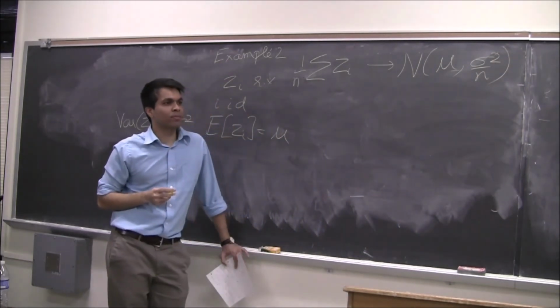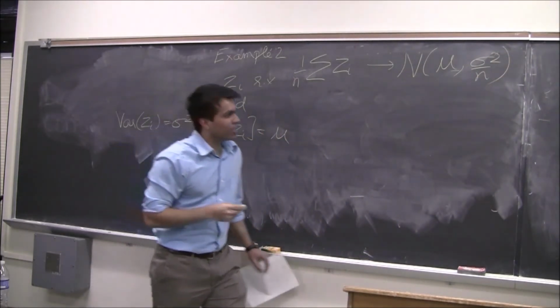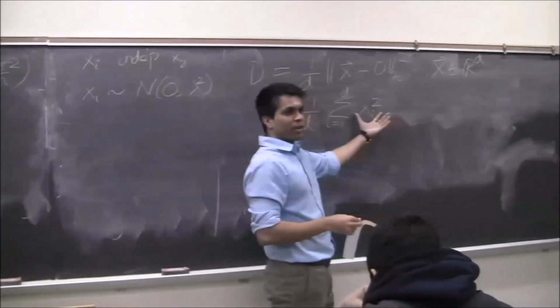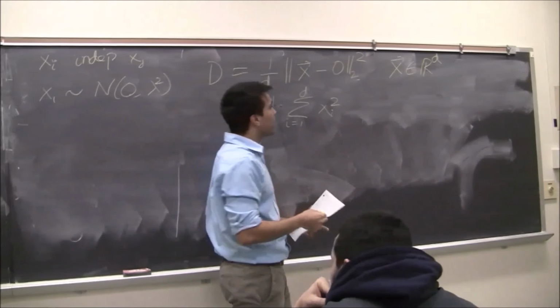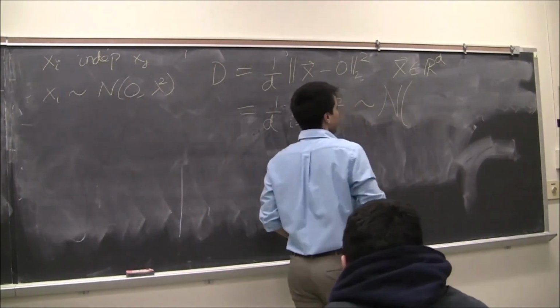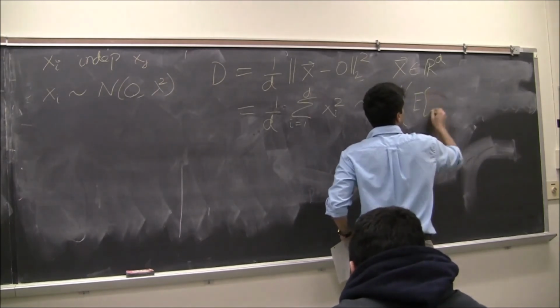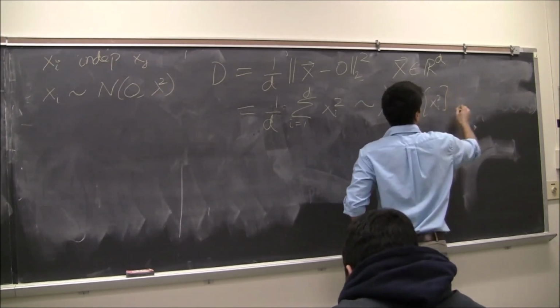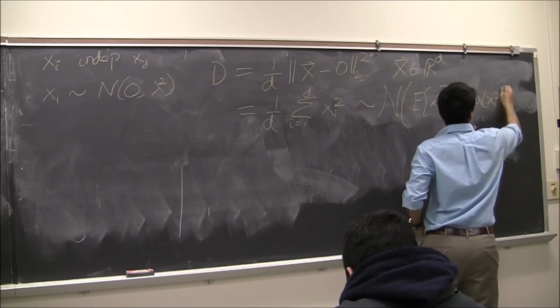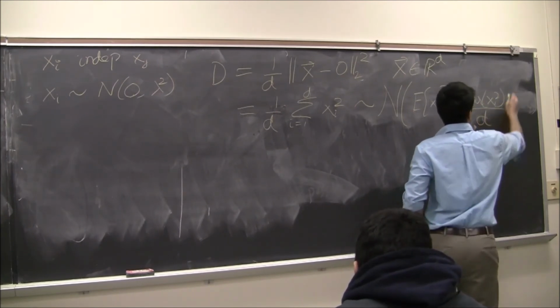Okay. So this is looking just like that, except zi is xi squared. This is becoming a Gaussian with mean the expected value of xi squared and variance the variance of xi squared divided by d.